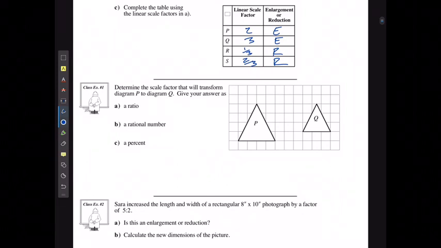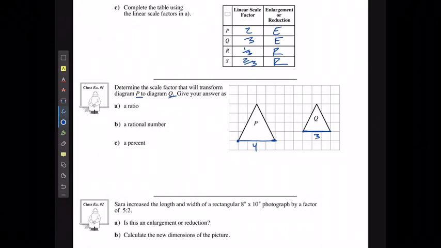For example 1, if I'm determining the scale factor that will transform diagram P to diagram Q as a ratio, a rational number, and a percent, well, I can just take a look at one of the dimensions and say that this was 4 originally, now it's gone to 3.